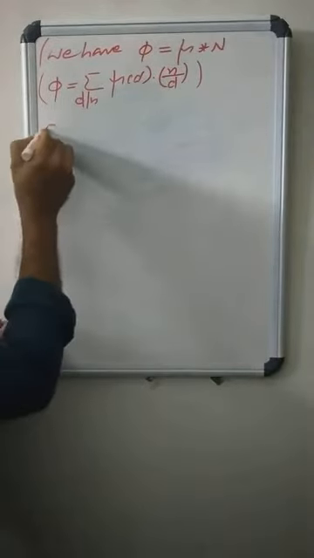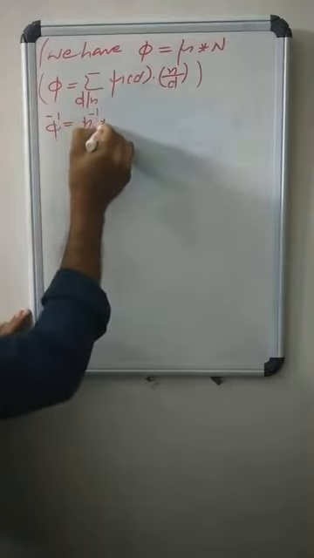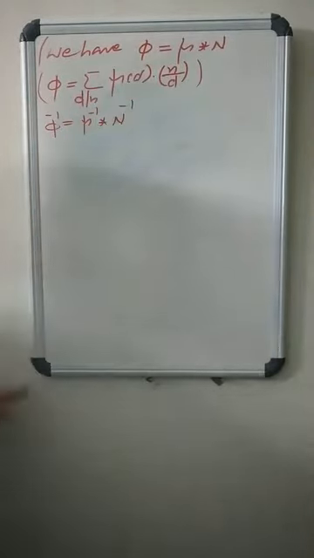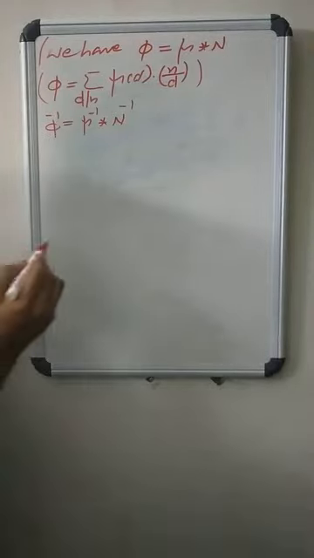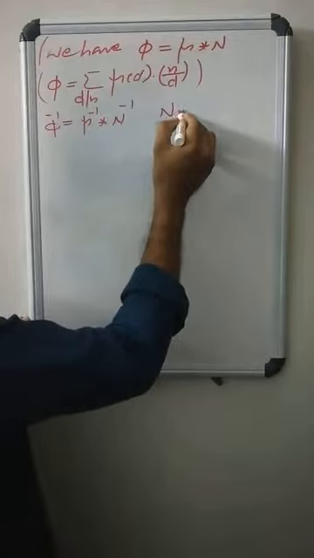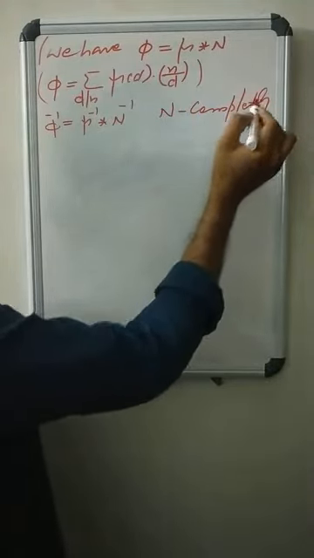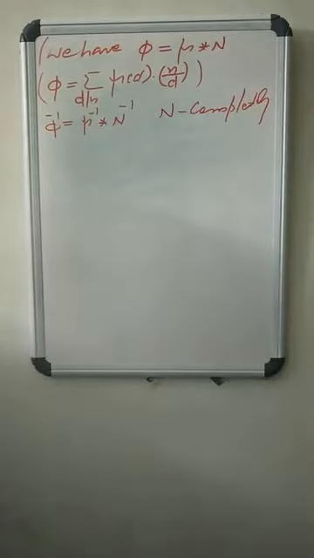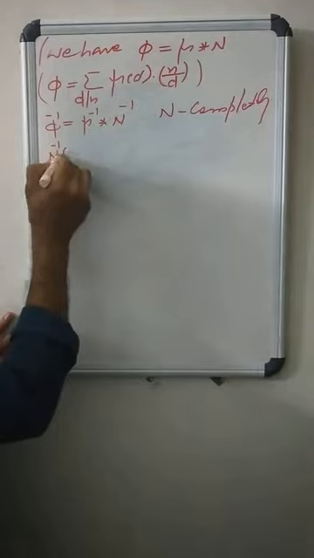So what about phi inverse? Phi inverse equals mu inverse star N inverse. But what is N? N is a completely multiplicative function. Since N is completely multiplicative, what is N inverse of n?